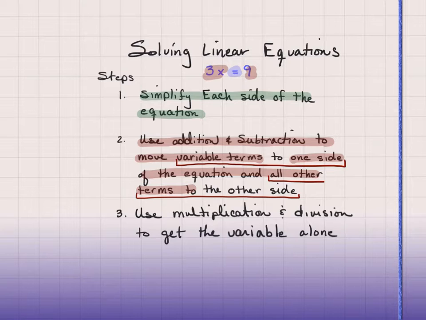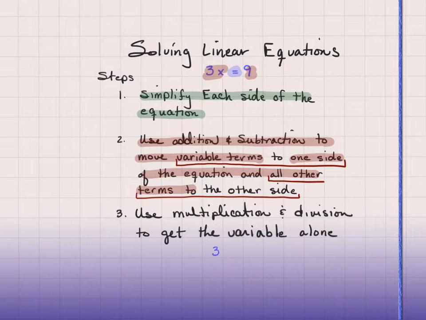So you've cleaned up both sides by combining like terms. You've gotten all your variables on one side of the equation, and you've gotten all the other terms on the other side. And then your last step is just going to be to use multiplication and division to get that variable alone. So you'll end up with just x equals whatever your answer is.